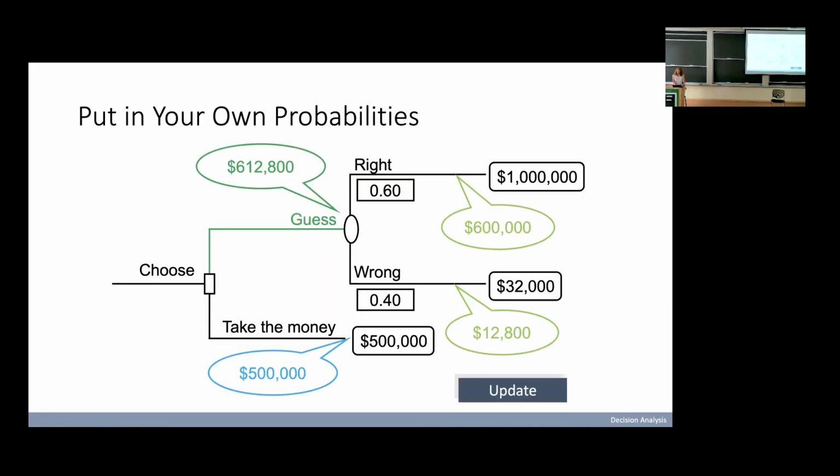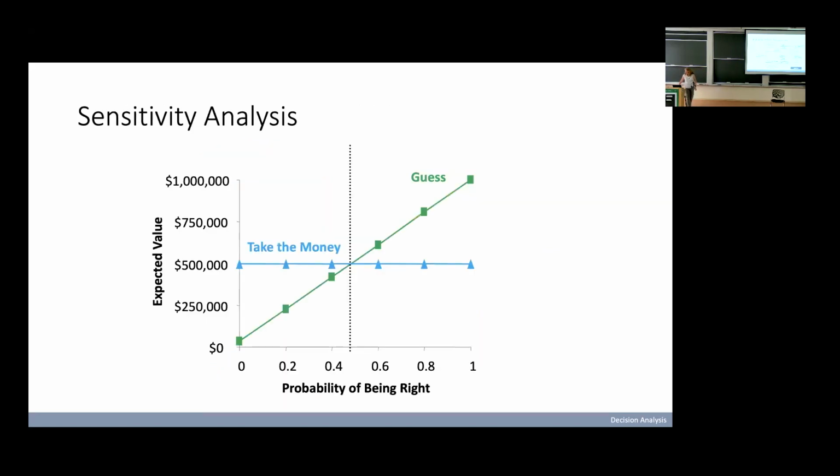And so what you now could do is you could change that probability, right? From 0.6 to 0.4, 0.2, 0.8, whatever it is. And then you can basically graph your expected value for the different probabilities of being right, right? So if you take the money, you always get 500,000.